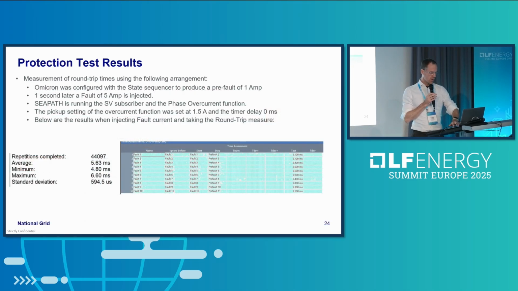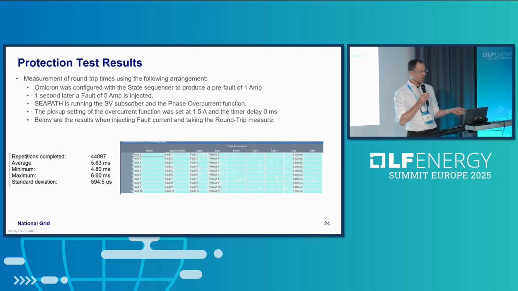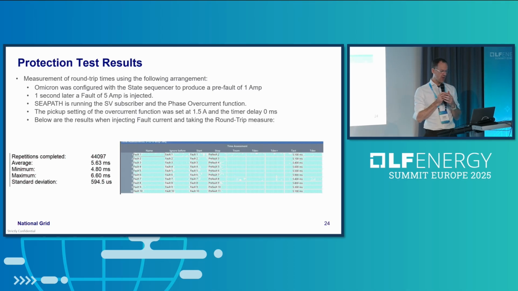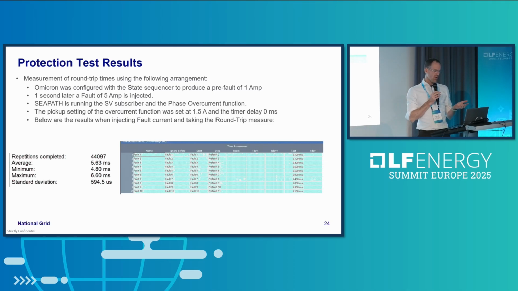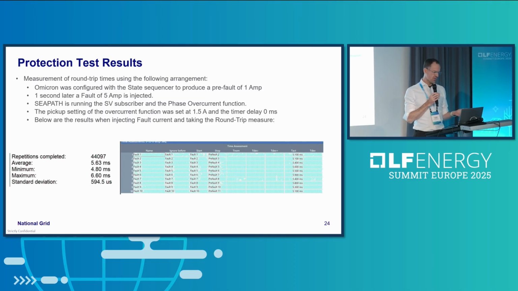And the results we got: we ran quite a lot of repetitions, just over 44,000, and the average time was around 5.5 milliseconds for the round trip. Very good determinism around the operating time. None of them went beyond 6.6 milliseconds, and the standard deviation is pretty low.